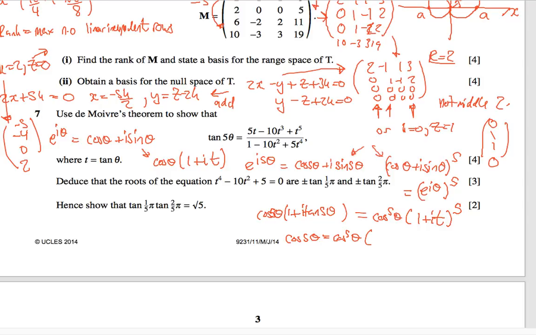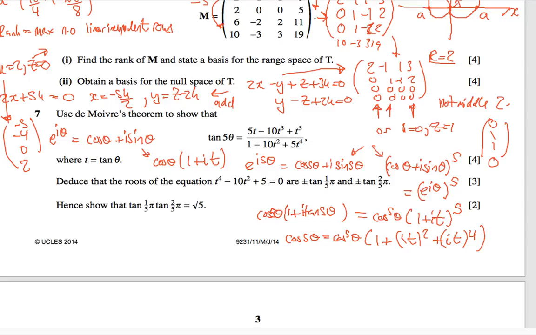So you get 1 plus, there'll be an (it) squared term, and there'll be an (it) to the 4 term. And you see this is the same as what's in the denominator.